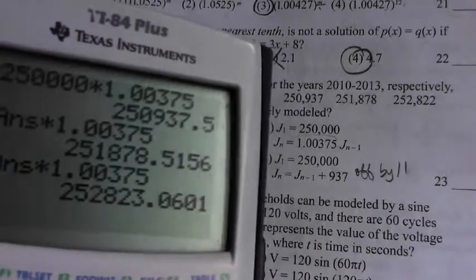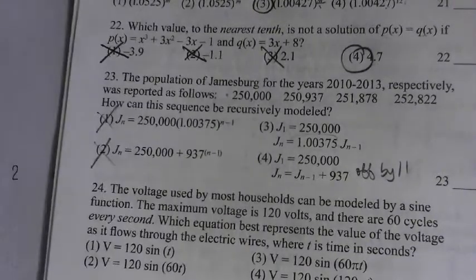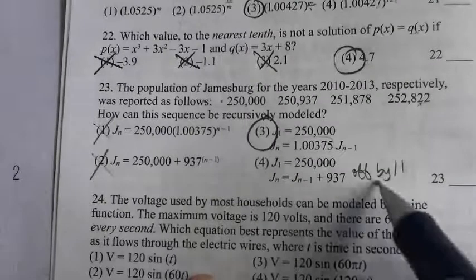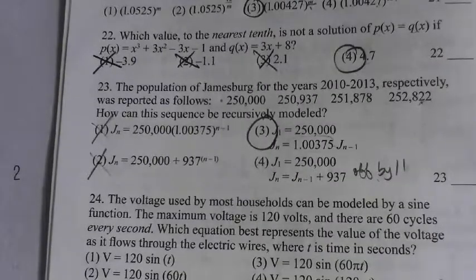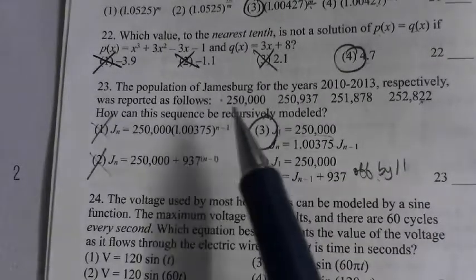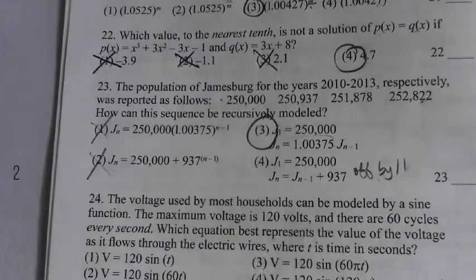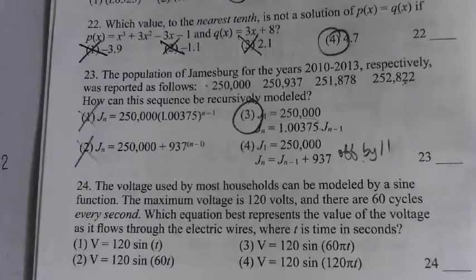So which one's better? 3. This one's only off by 1 by the time you get to the fourth term, and this one's off by 11. Okay? A little tricky because they show you that 937 exact growth on the first one, which makes number 4 tempting, but if you see it through to the fourth term, you see that 3 is better.